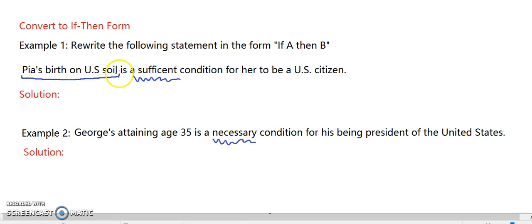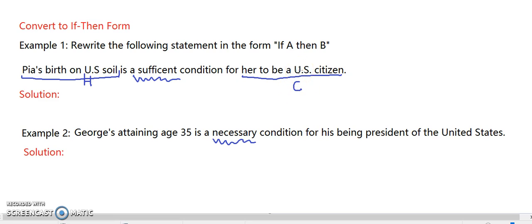Because we know Pia's birth on U.S. soil is a sufficient condition, that makes this a hypothesis. And if this is a hypothesis, then for her to be a U.S. citizen, that will be a conclusion.